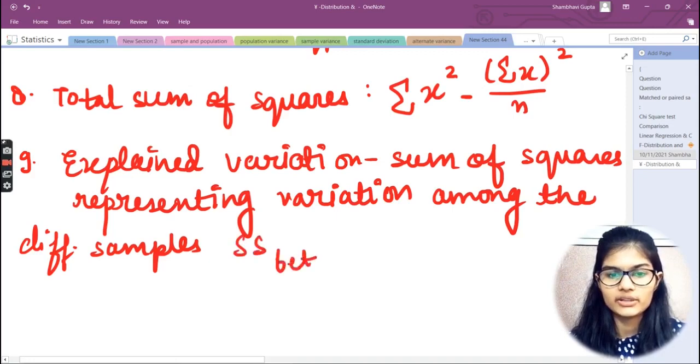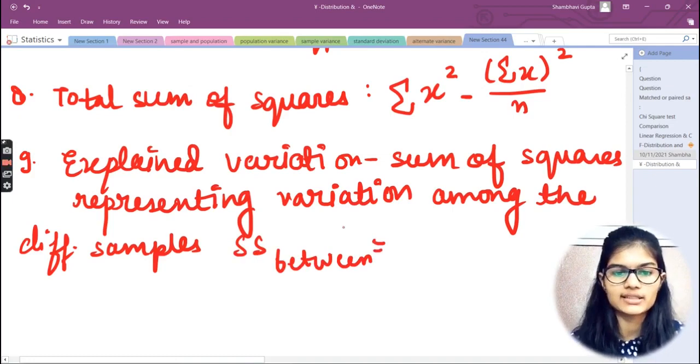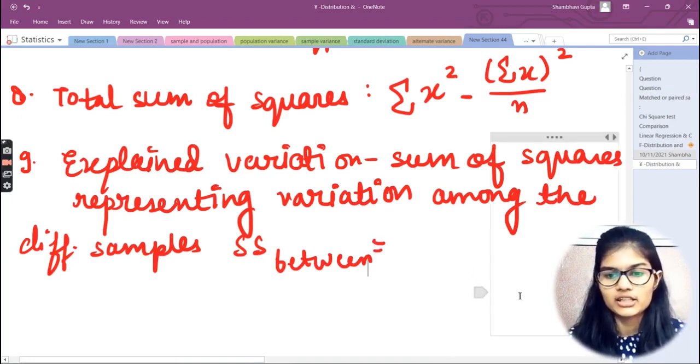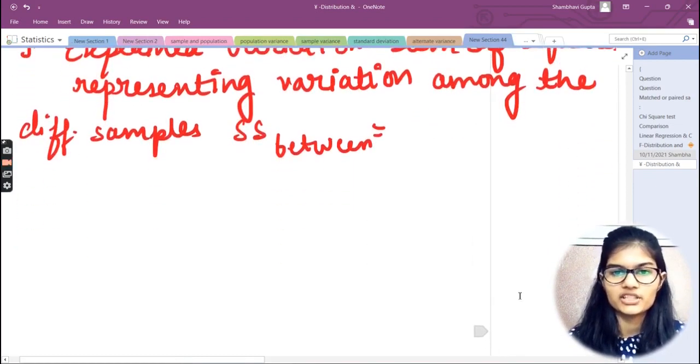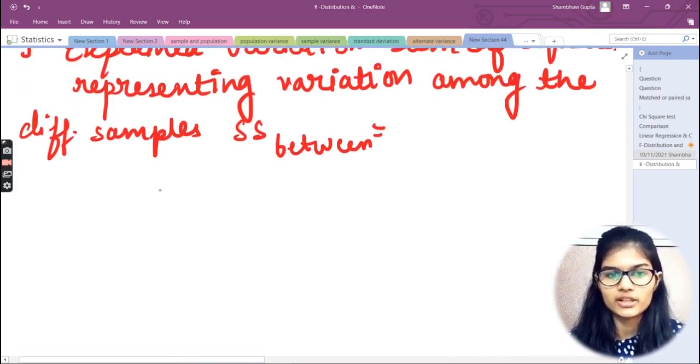SS, with between as the subscript, that is equal to SS between. Let me go down from here so that I can get some space for writing. SS between is equal to, I will write it out here.